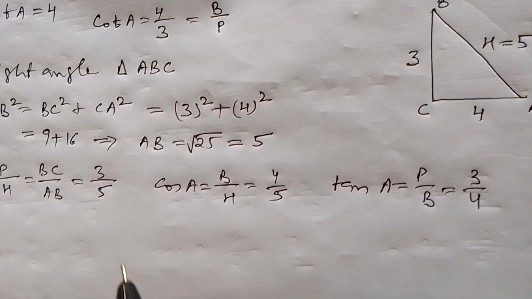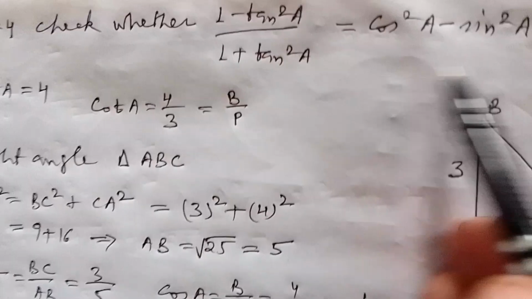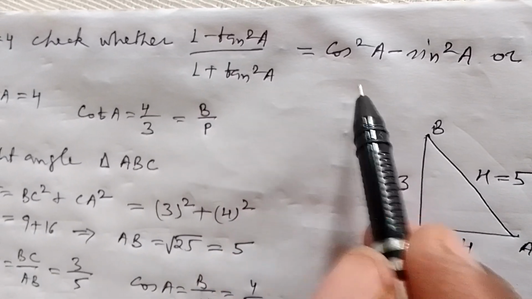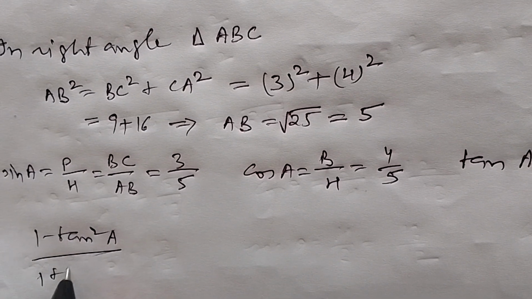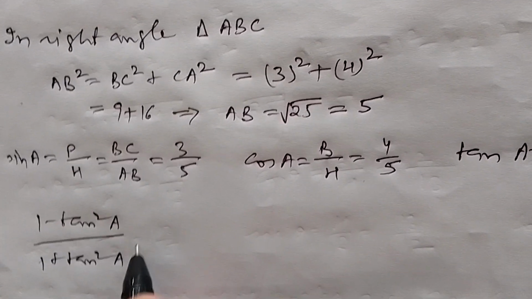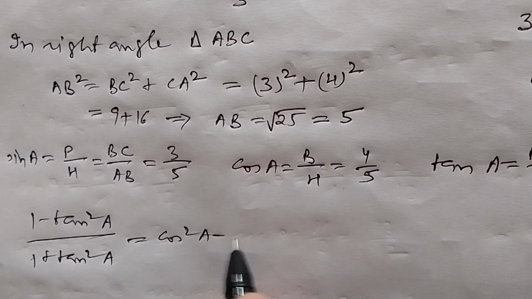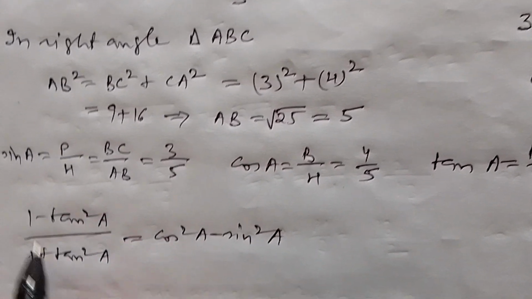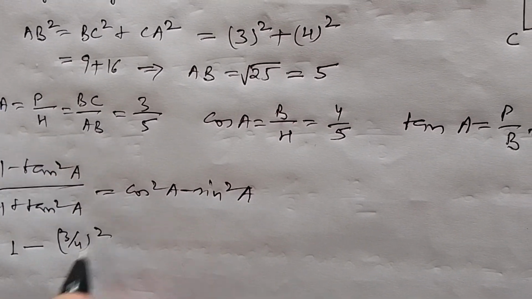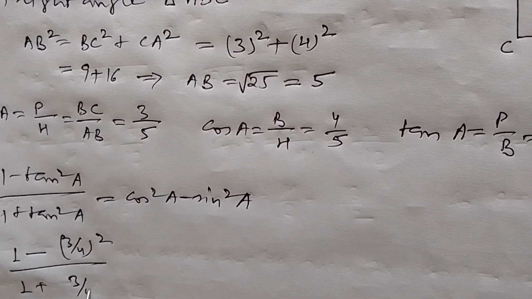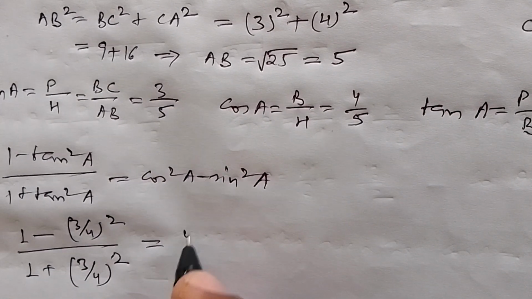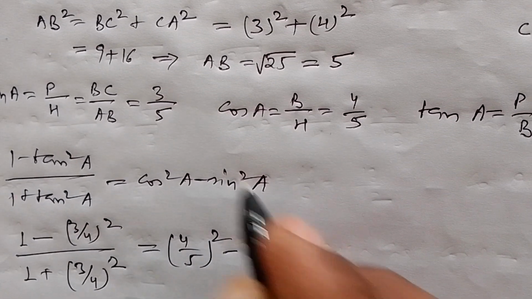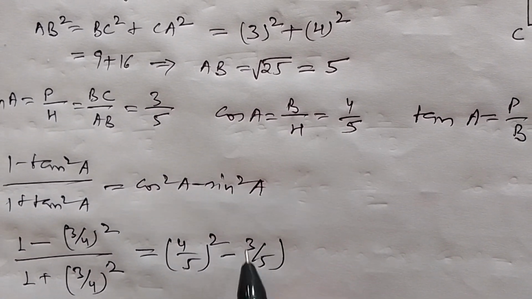So by putting these values in this equation, (1 minus tan square A) or (1 plus tan square A) is equal to cos square A minus sin square A. When we put the values, 1 minus (3 by 4) square divided by 1 plus (3 by 4) square is equal to cos square A (4 by 5) square minus sin square (3 by 5) square.